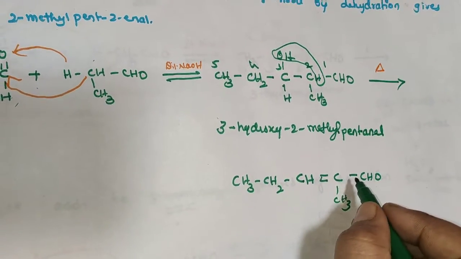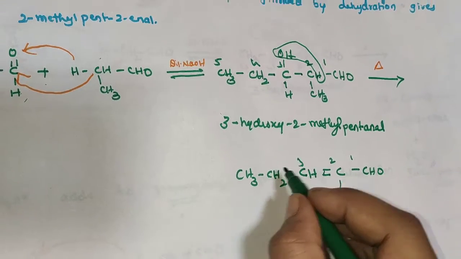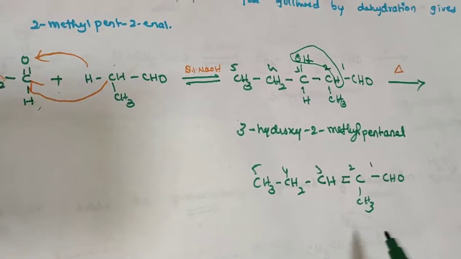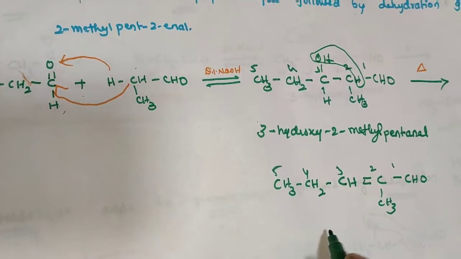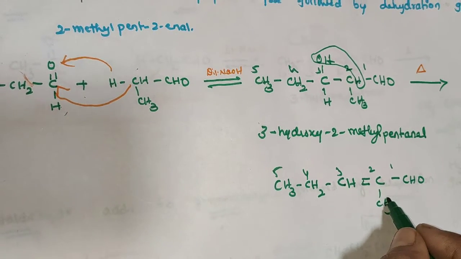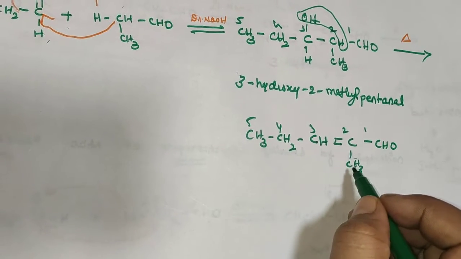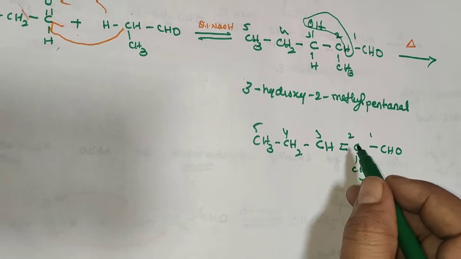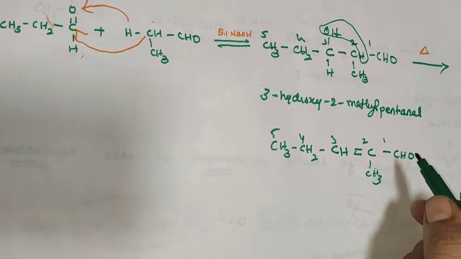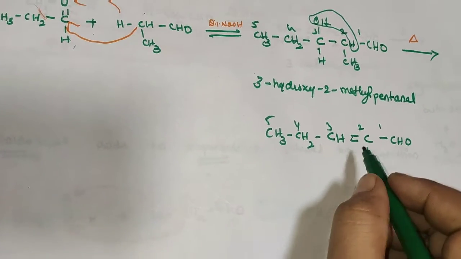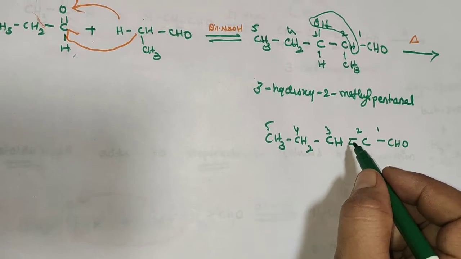So 1 2 3 4 5, totally 5 carbon atoms are there, and there is a methyl branch at the second carbon atom, the functional group is aldehyde, and the double bond is present at the second carbon atom.